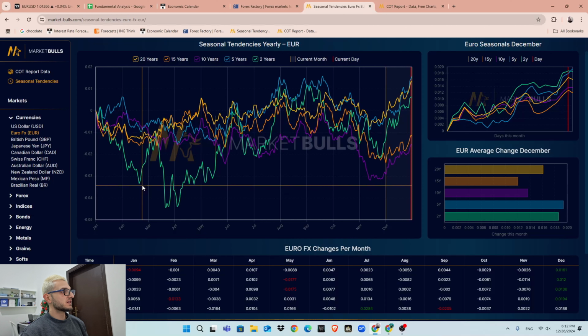In the past 2 years there was a huge drop and the others had some depreciation. So EUR/USD is a good short opportunity based on fundamental analysis, seasonal tendency, and sentiment analysis.